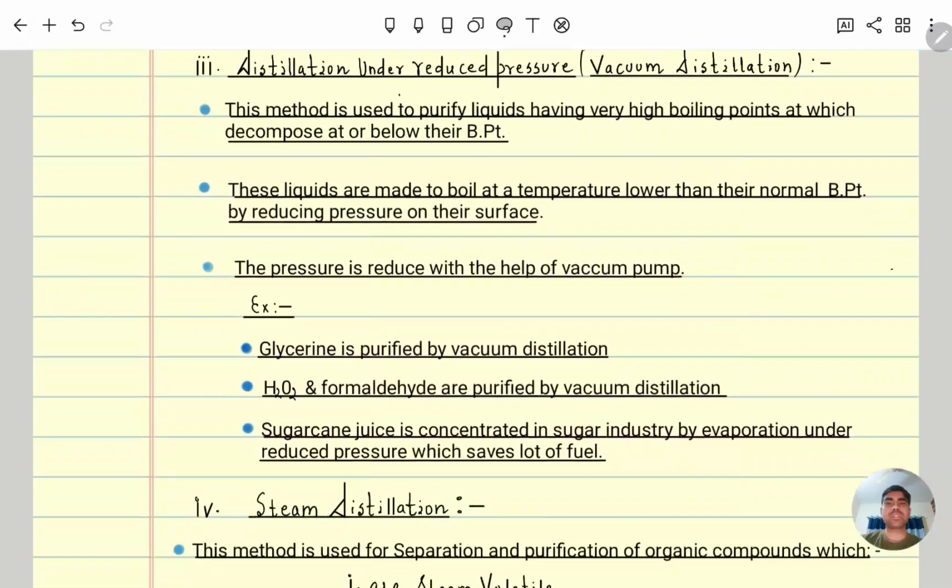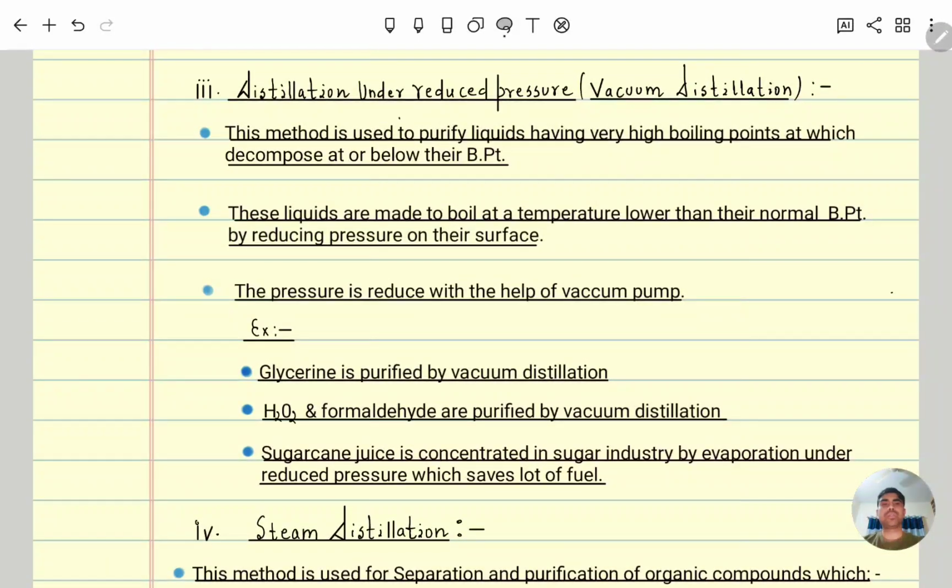Coming to distillation under reduced pressure. This is for substances which, if we heat at their boiling point, will dissociate, meaning some other substance will be formed. For example, KClO3: if you heat it, it will break down into KCl plus O2.